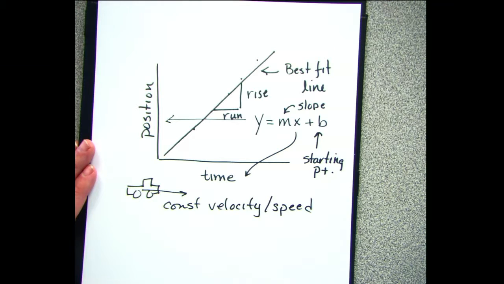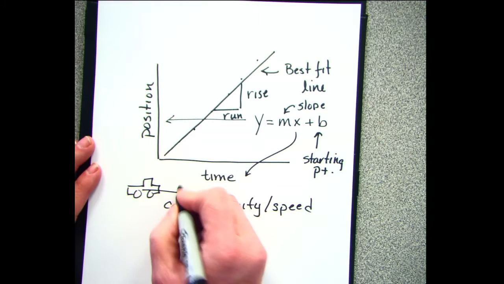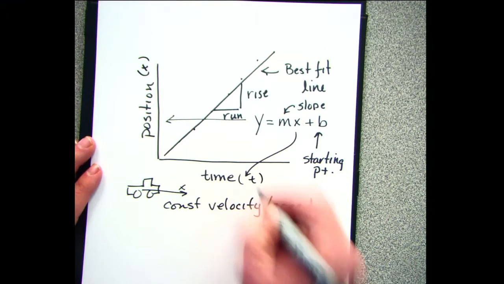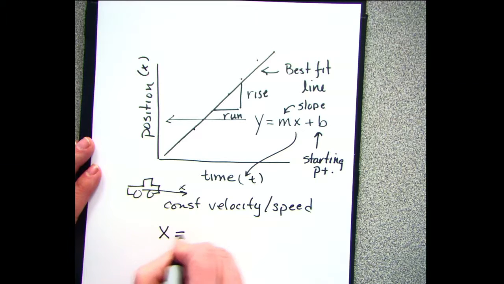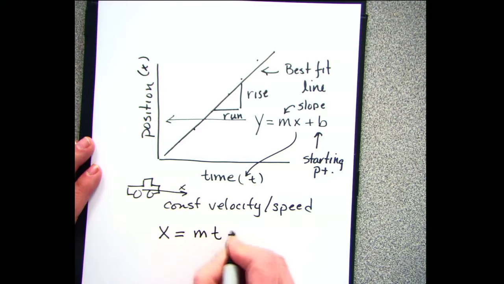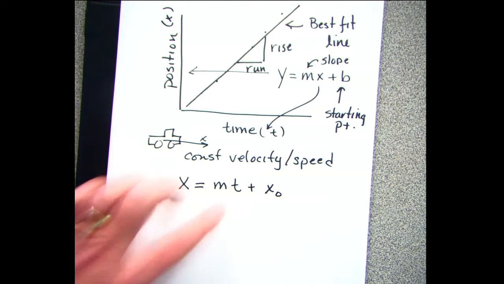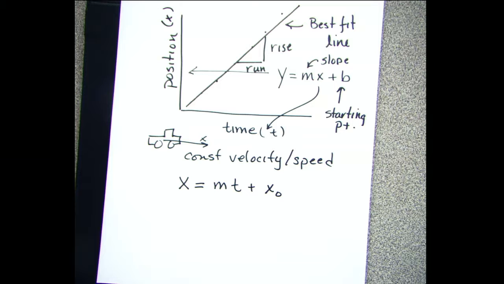Okay, they're not. But if I'm traveling along the x-axis, my position is x, this is time, I can now write my equation as x = mt + x naught, my initial starting position, and now I have some sort of slope there.